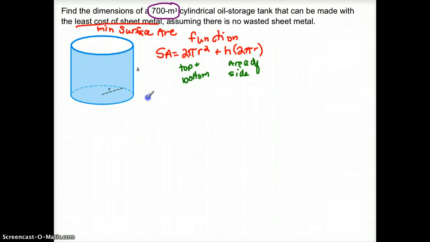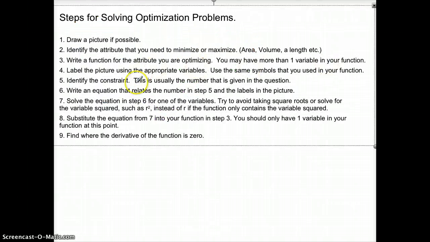So now I'm working with the constraint. My constraint says it's 700 cubic meters. Remember cubic meters, well, that would be a volume. So that just means that the volume of my tank has to be 700 meters cubed. So there's my constraint. Let's go to the next step.